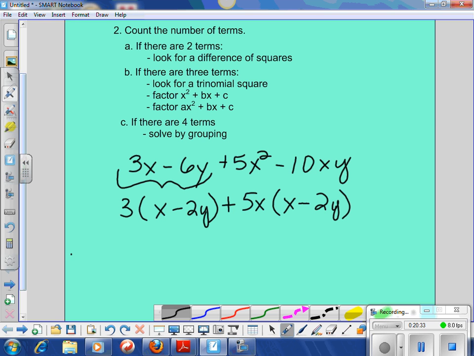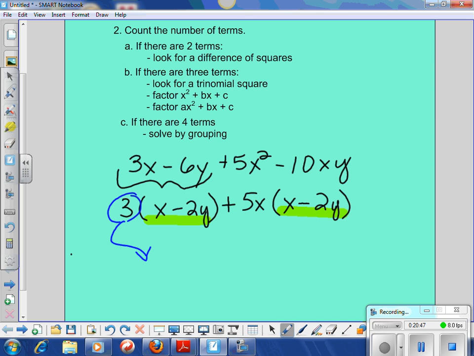remember, as before, we are looking to get these two identical. Since they're identical, I can take the term outside, 3, because 3 is being multiplied by everything in there, right? So there's our 3. And our 5x is being multiplied by everything in there.